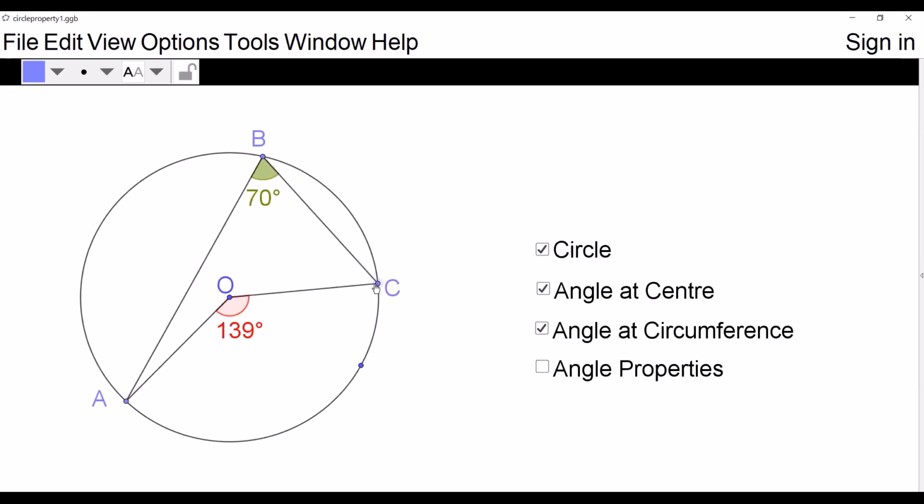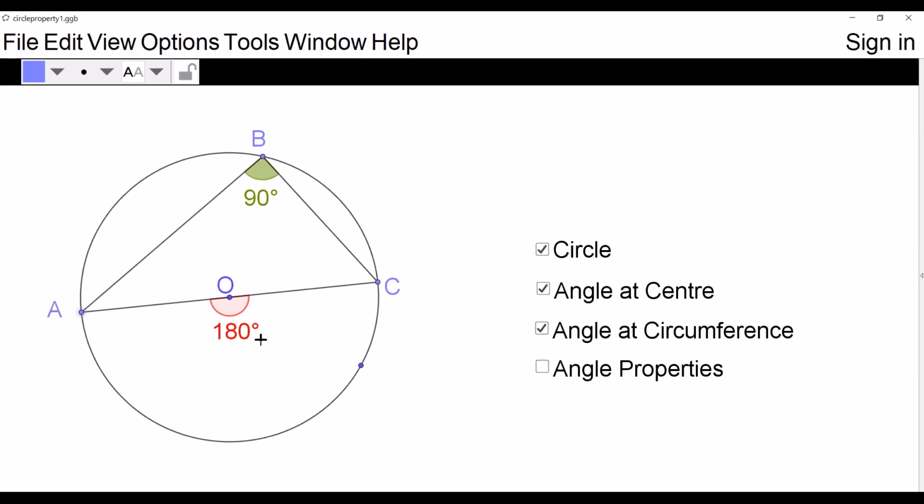Move on, 140 at the center, circumference is 70. Then 160, that is 80. Then 180 at the center, and at the circumference, the angle is 90. You can see, in a semicircle, any triangle will be a right angle triangle, the angle being 90.